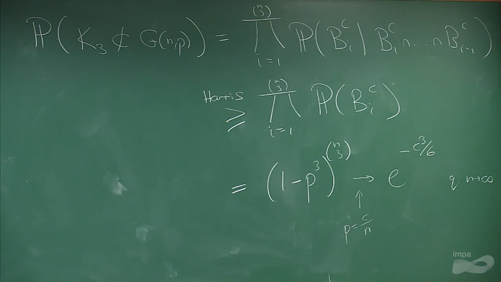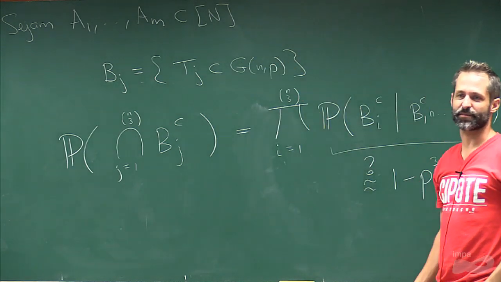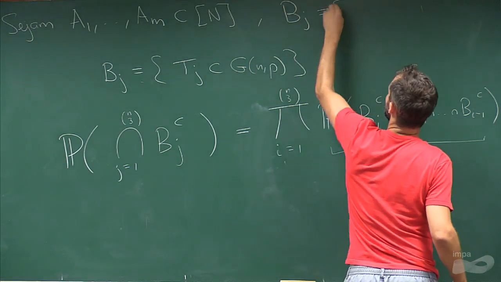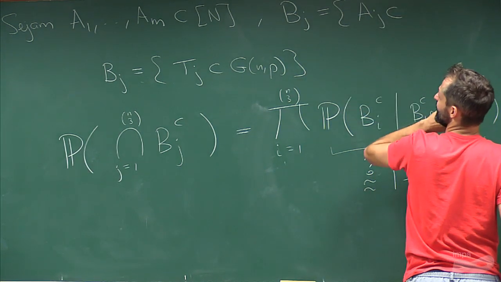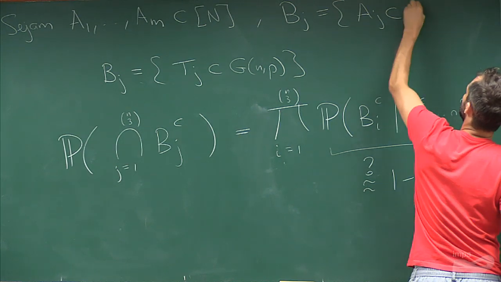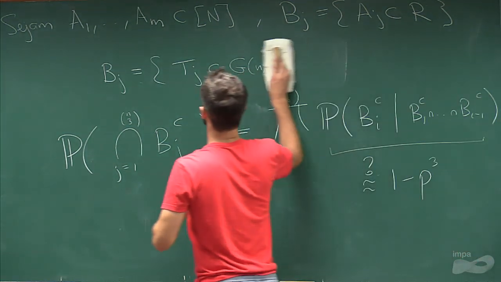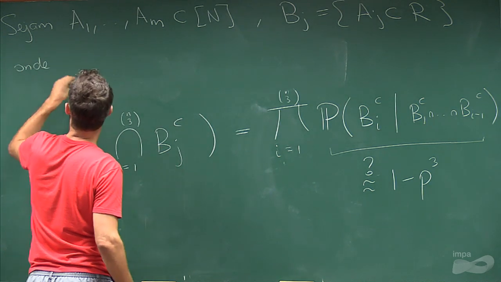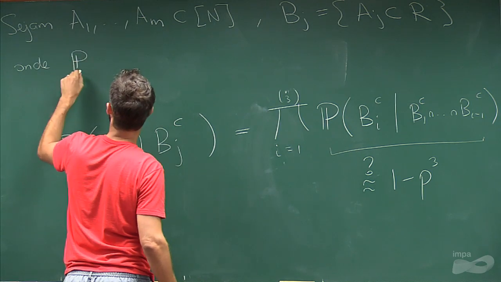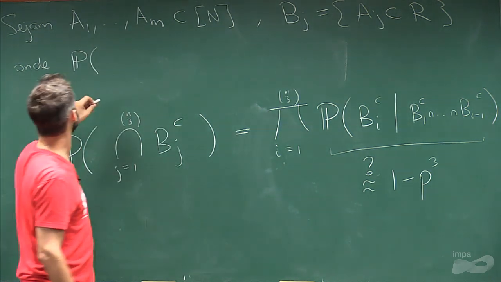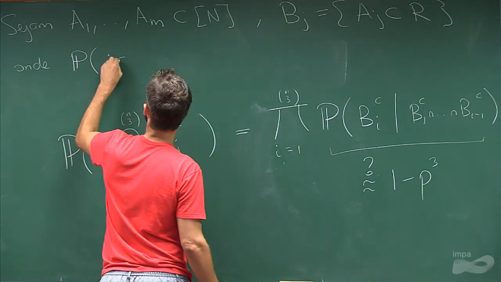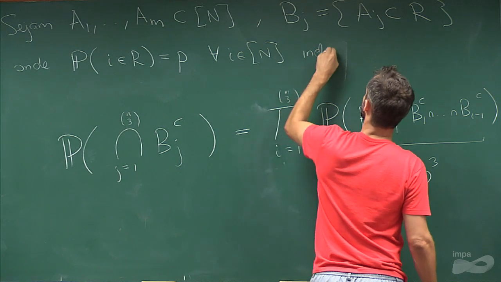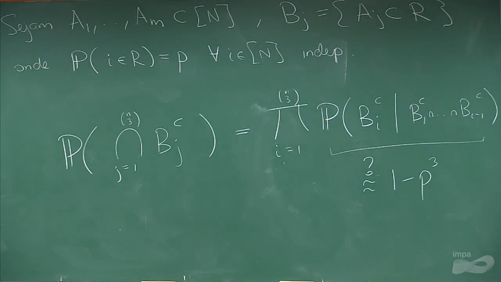You should think of these as being the triangles in the complete graph, but they're just some subsets of 1 up to N. Once again, let B_j be the event that A_j is contained in R, where R should correspond to G(n,p), so R is a random subset of 1 up to N. The probability that i is in R equals p for all i in [N], all independently. So R is a p-random subset of 1 up to capital N.